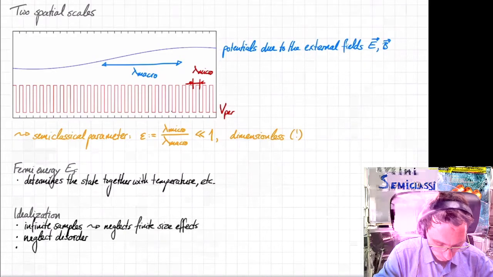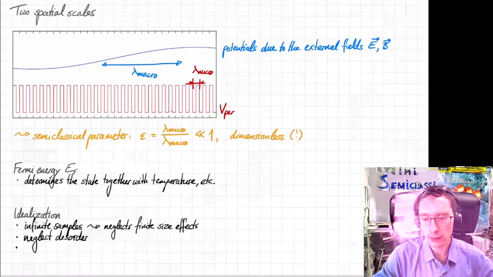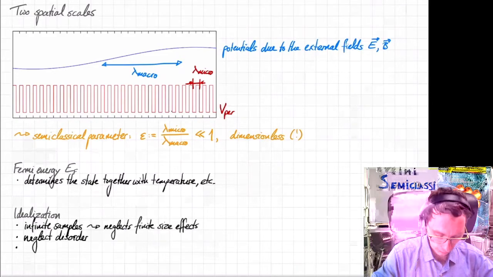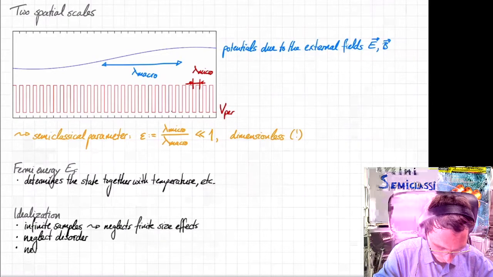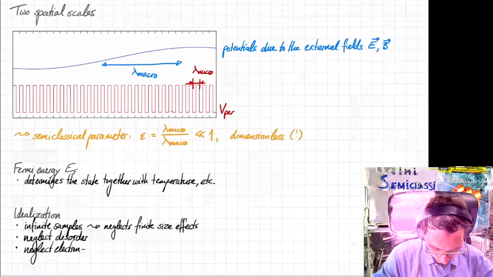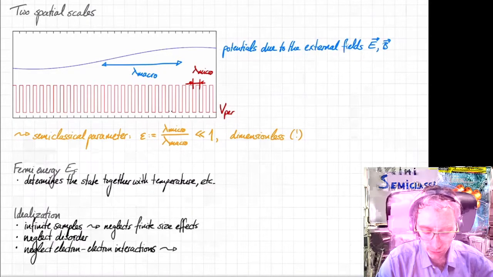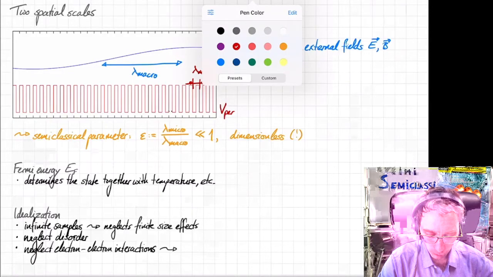And the third thing I'm neglecting here are electron-electron interactions. So this is known as the single electron approximation.